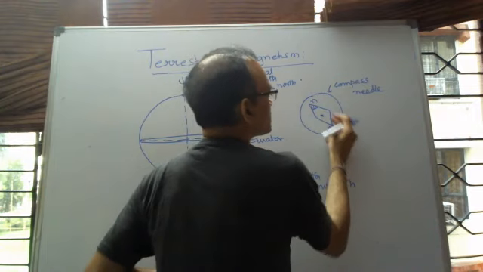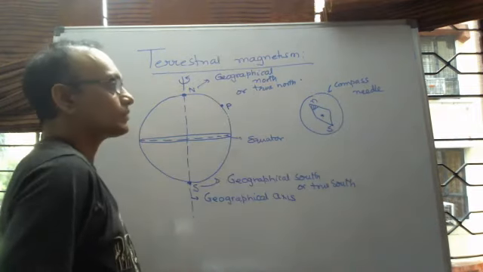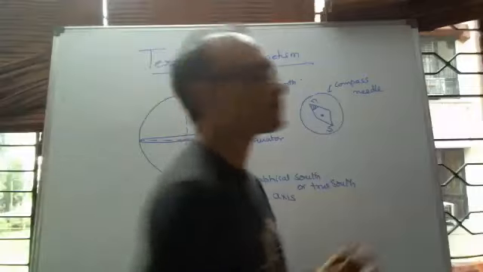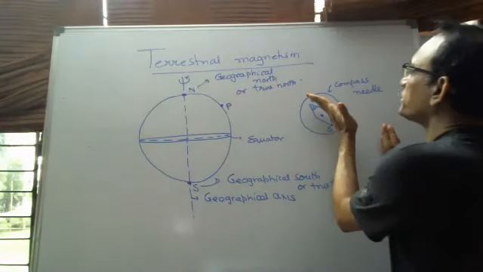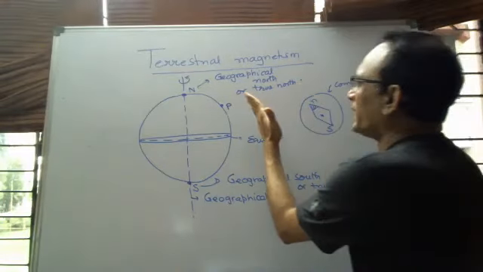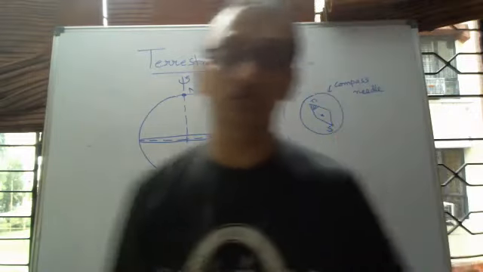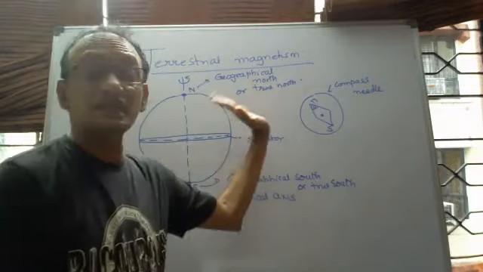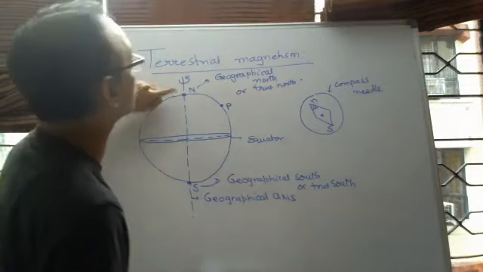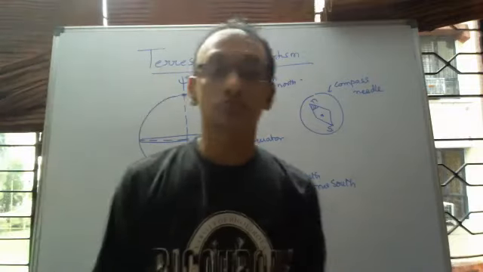It has a north and south pole. And you say, I'll just go by the direction of this. The way it takes me, I'll reach the North Pole. This is what you will think. You'll go by the direction of the compass needle, and you'll think you'll reach the North Pole.